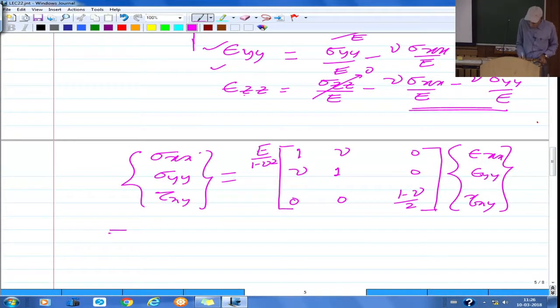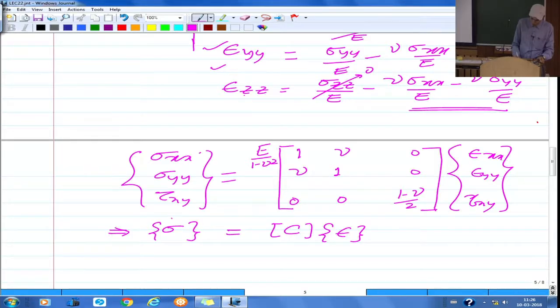Now in the vector form we are writing the stress. I can call this just a sigma vector, and this is the constitutive matrix, which I will call C, and then this is the strain, which is epsilon. So I am denoting this as sigma, this as C, and this as epsilon. This C is referred to as the constitutive matrix, the relationship between stress and strain.